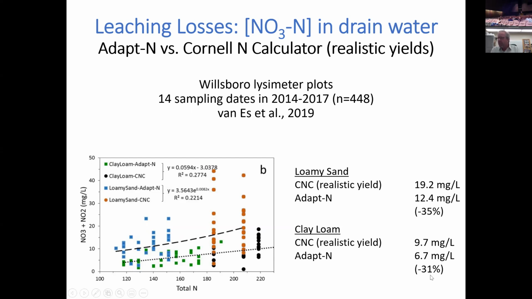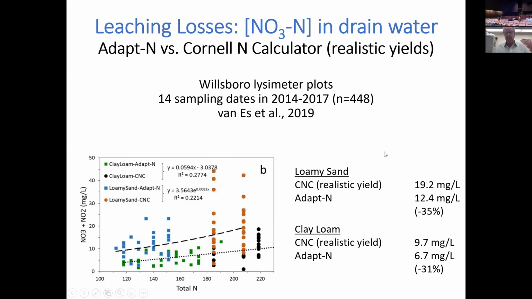So very similar numbers between the two soil types, even though, of course, the sandy soil in general has more leaching than the clay soil. They're also very similar to what we found overall on the on-farm trials: using a tool like that reduces the environmental losses by about a third by just following the recommendations.